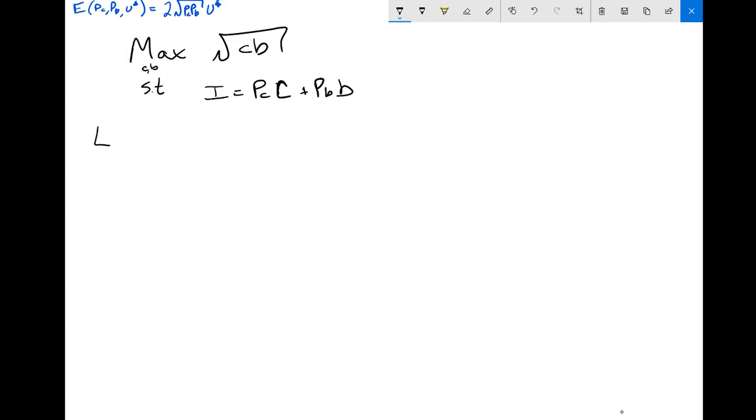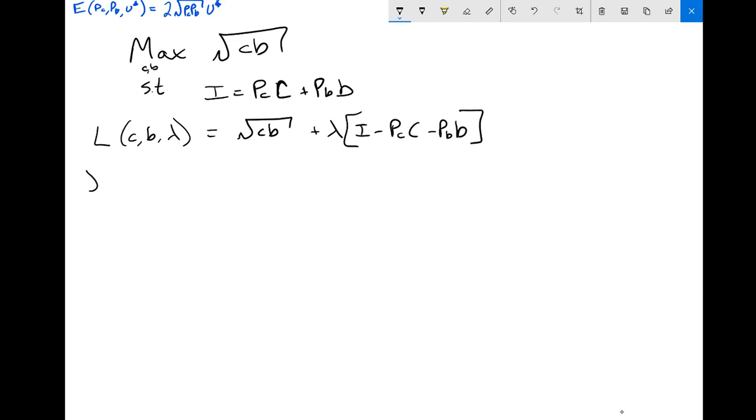We set up the Lagrangian. All right, then we take the derivative. Exact same procedure.